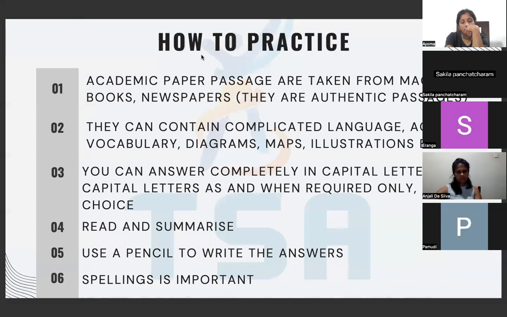Okay. A lot of people, a lot of teachers will say, just with these keyword techniques, skimming, scanning, and all of that, it's easy to find answers. Yes, it is easy. But if you don't understand, if you can't comprehend, it's very difficult, to be honest, to find the answers.